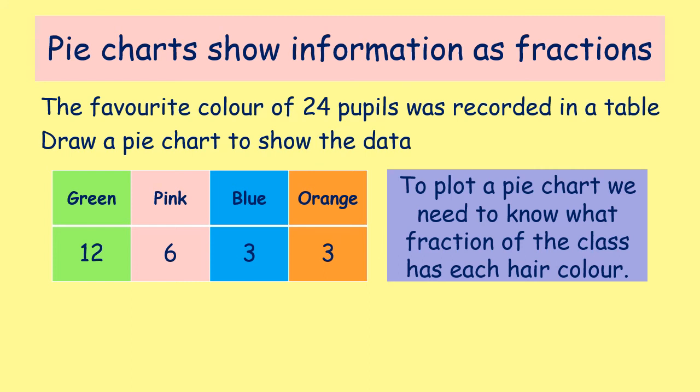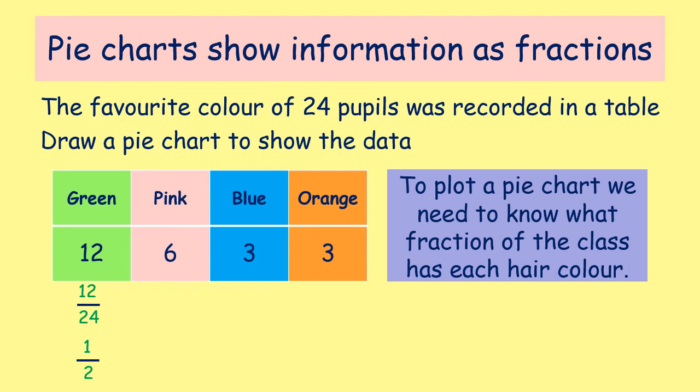So whenever we're doing fractions, we're going to take the number from the table and put that on top and 24 underneath. So for green, our fraction is 12 out of 24. But we can make that more simple. We can simplify that down. 12 out of 24 is the same as a half. Okay?